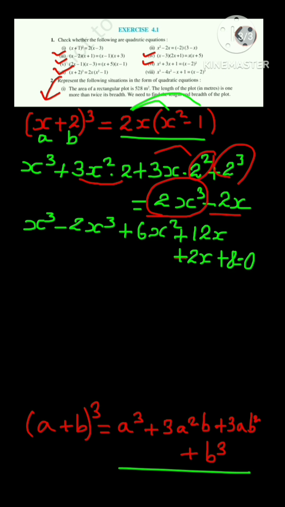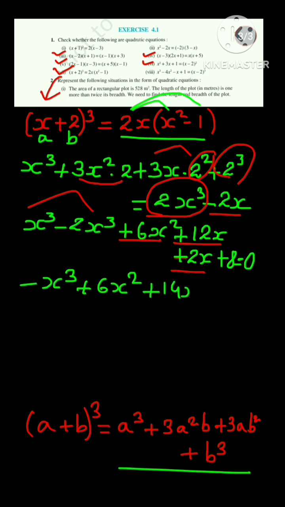Now x cube minus 2x cube, after subtracting we obtain minus x cube, and this plus 6x square as it is, plus 6x square, and this plus 12x and plus 2x, after adding we obtain plus 14x, and this plus 8 as it is, plus 8 equal to 0.